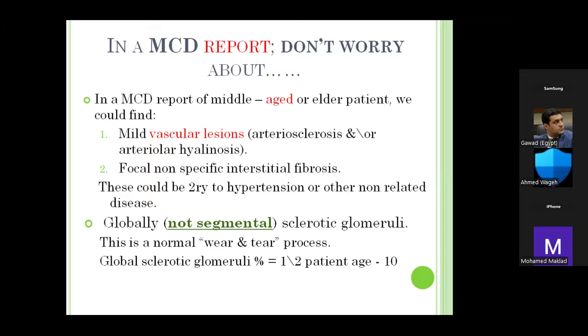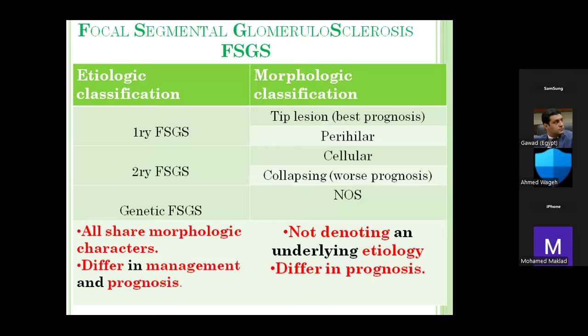Then this is a normal wear and tear process where we can find global but not segmental sclerosis. So it's normal, or could be accepted, to find globally sclerosed glomeruli according to the age of the patient, but it's not accepted to find segmentally sclerosed glomeruli.